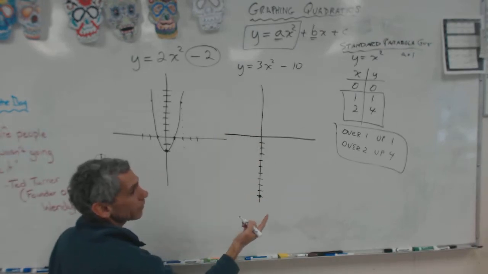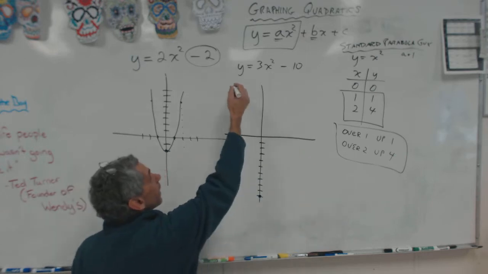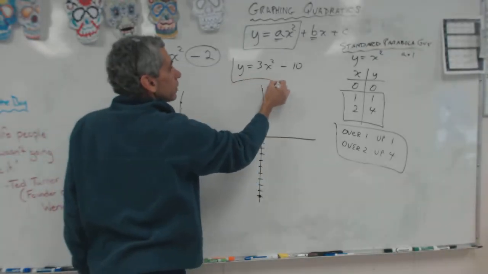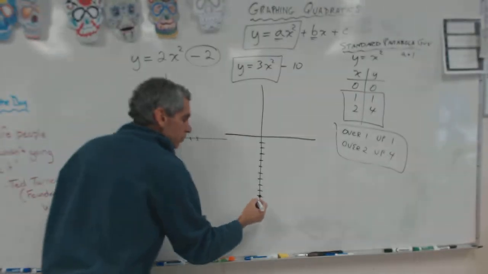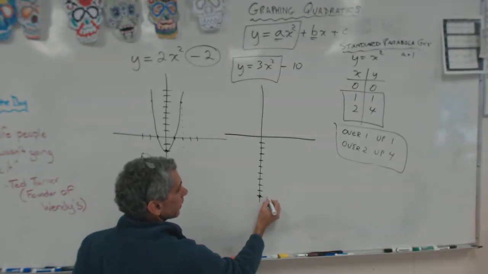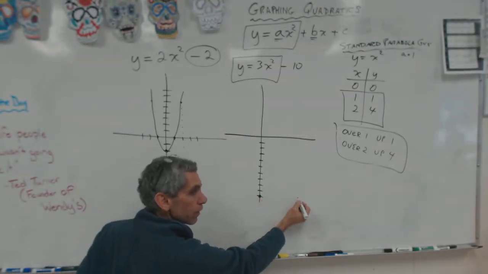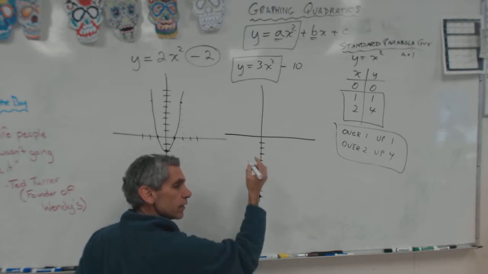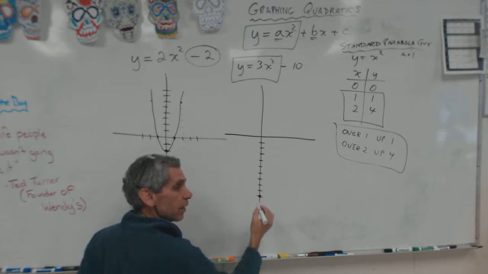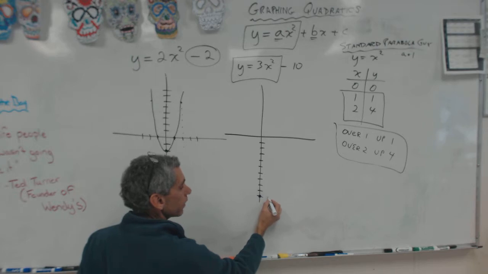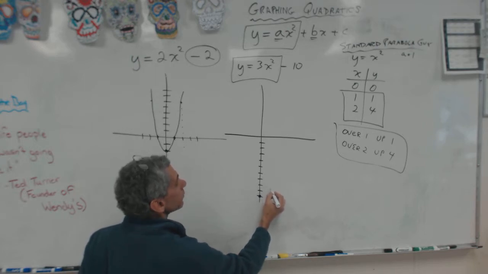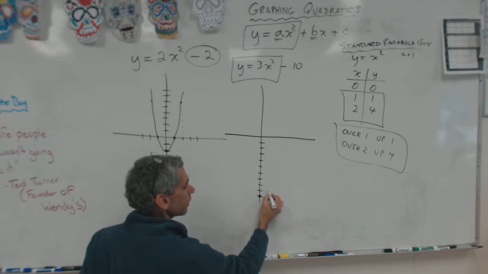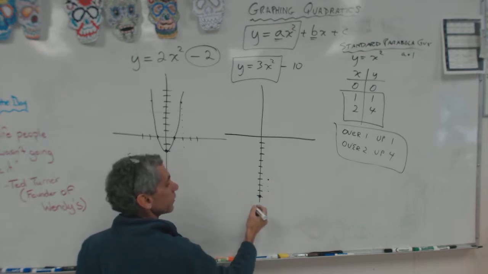And so I'm now going to just use standard parabola guy times what? 3. Times 3. So I'm going to go over 1. I don't go over 1, over 1, over 1 times 3, right? The only thing that gets multiplied times 3 is the up one. So I go over 1, then I go up 3: up 1, up 1, up 1, 3, right? 1 times 3 is 3.